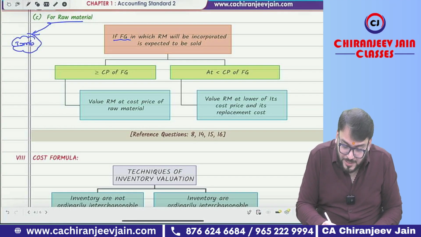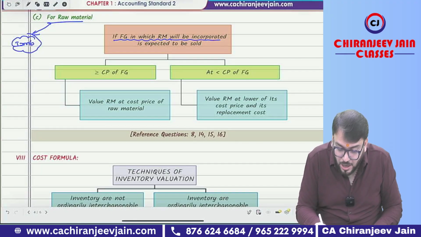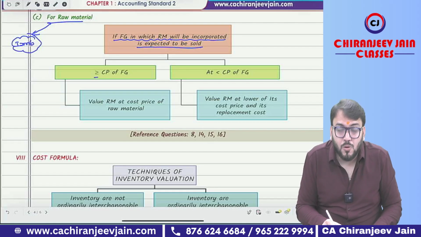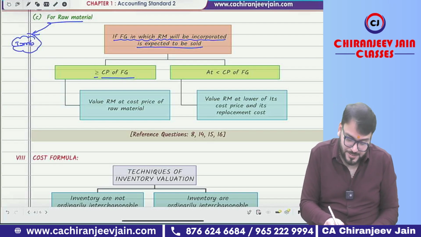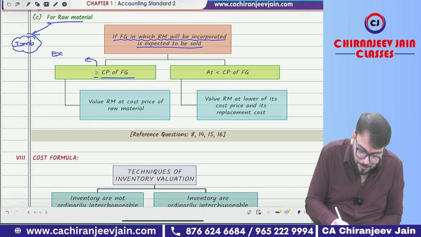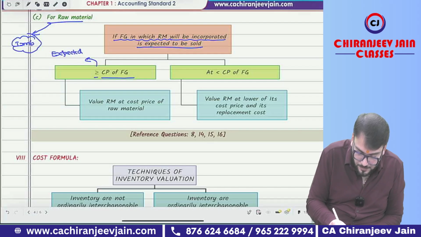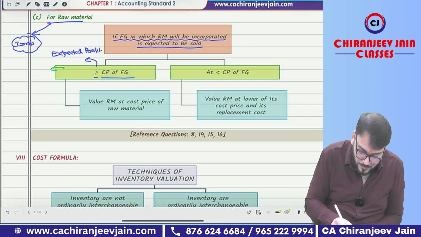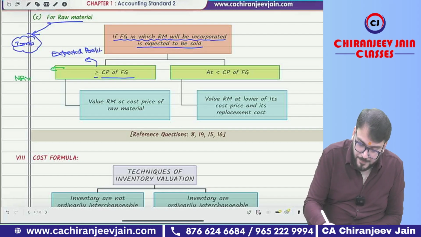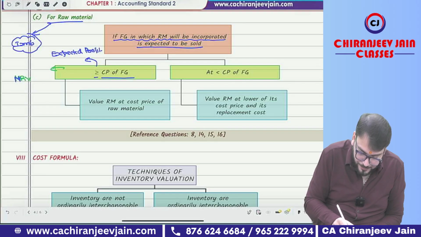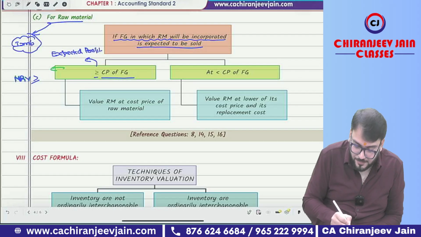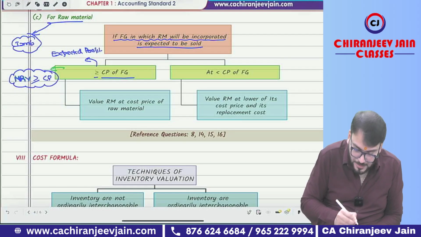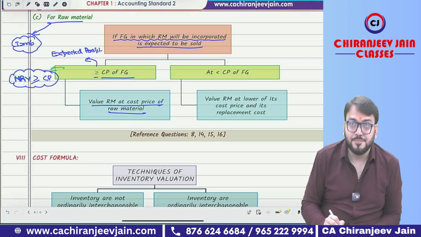What they have written: if finished goods in which raw material will be incorporated are expected to be sold at more than or equal to the cost price of finished goods, it means expected profit, or you can say NRV of finished goods is more than or equal to cost price, then value raw material at cost price of raw material.